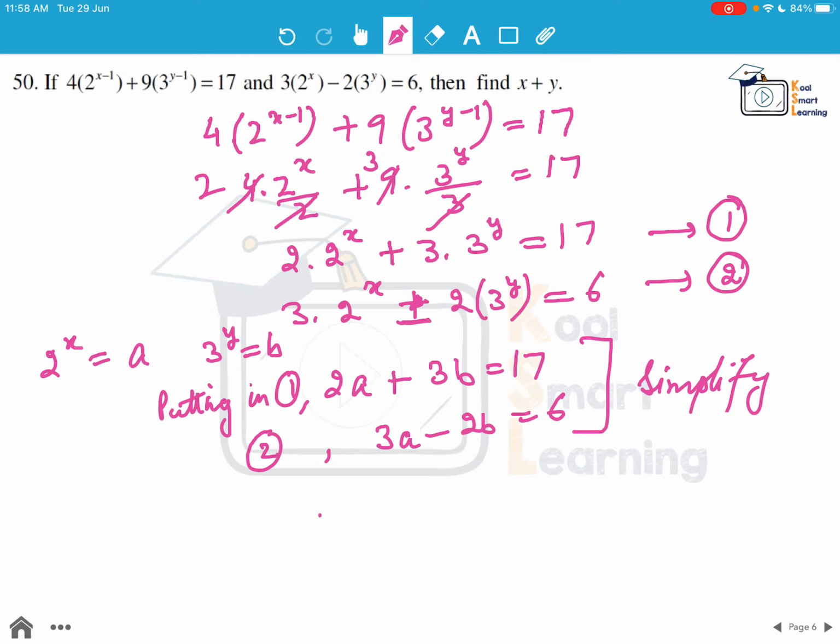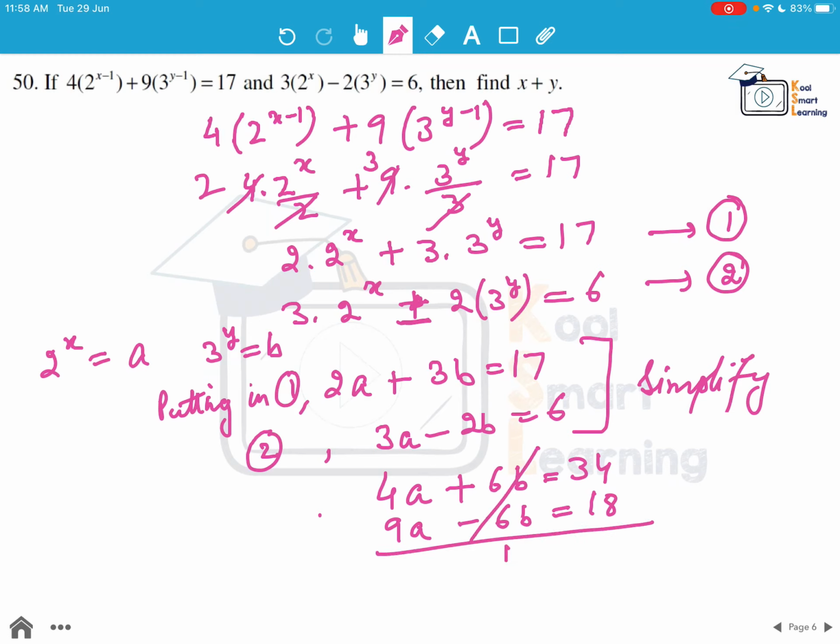We multiply the first one with 2, so we get 4a plus 6b equal to 34, and the second one with 3, and we get 9a minus 6b is equal to 18. So if we just add them, we get 13a is equal to 52. This gives a equal to 4. And we get b is equal to 3.